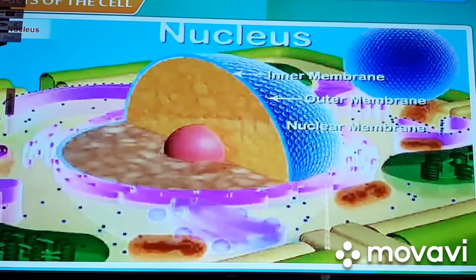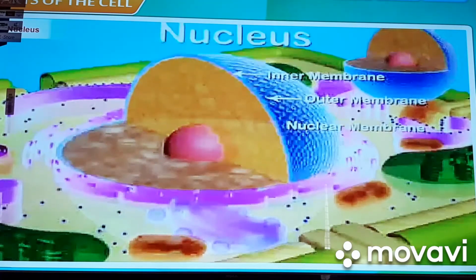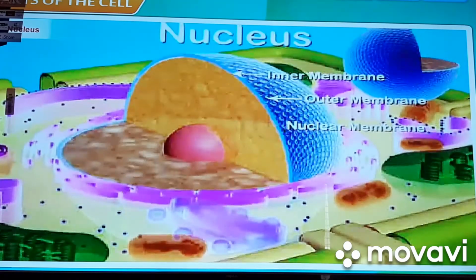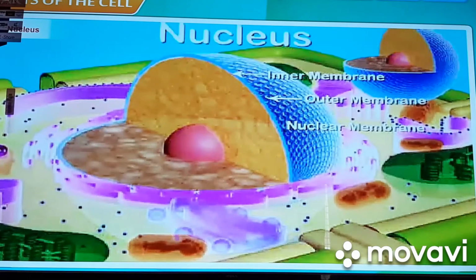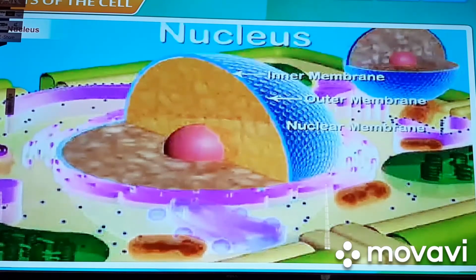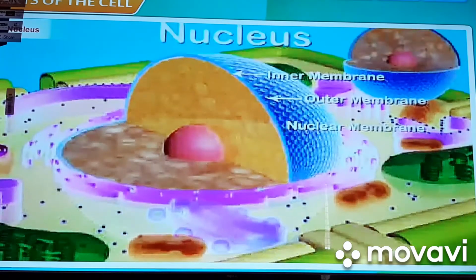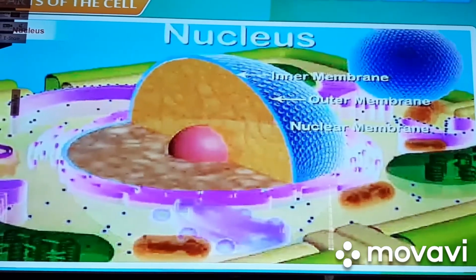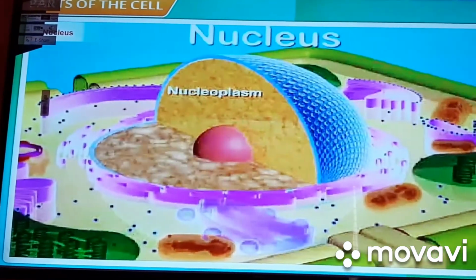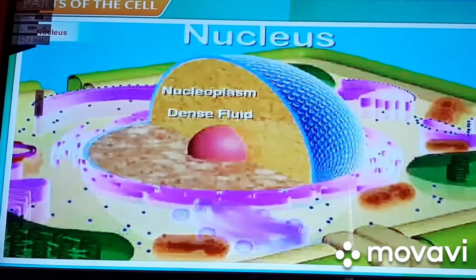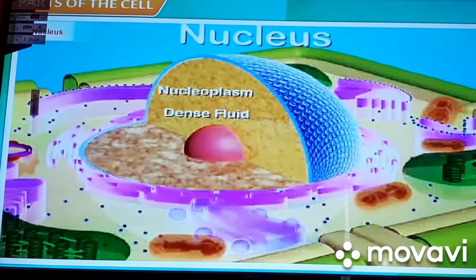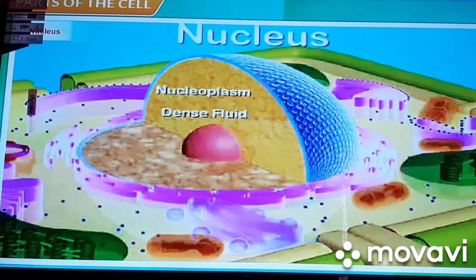Nuclear membrane. Nucleus is separated from the cytoplasm by a double membrane called the nuclear membrane. This membrane is also porous and allows the movement of selected materials between the cytoplasm and the nucleus. Nucleoplasm. A dense fluid in the nucleus is called nucleoplasm. Nucleolus.